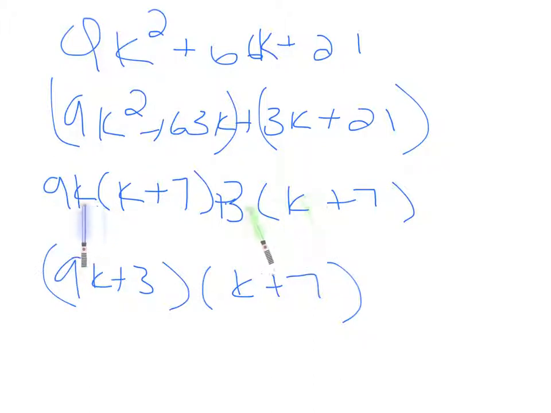Then we pulled the 9k from the first group, yielding k plus 7, and a 3 from the second group, yielding k plus 7, which gave us the final answer.